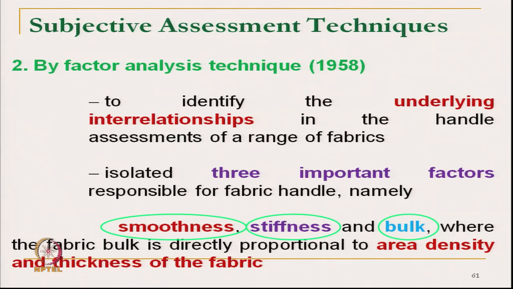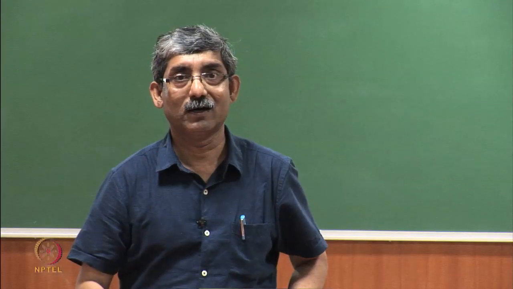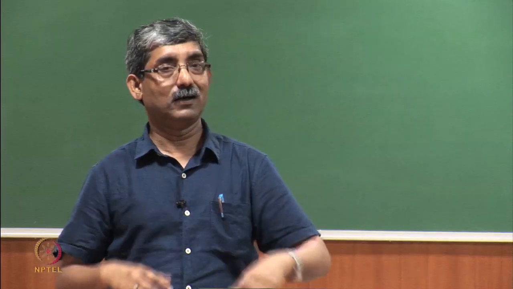These are the three subjective characteristics of fabric they identified, and the bulk is directly proportional to the area density and thickness of the fabric. They tried to correlate this subjective assessment with the sensation.